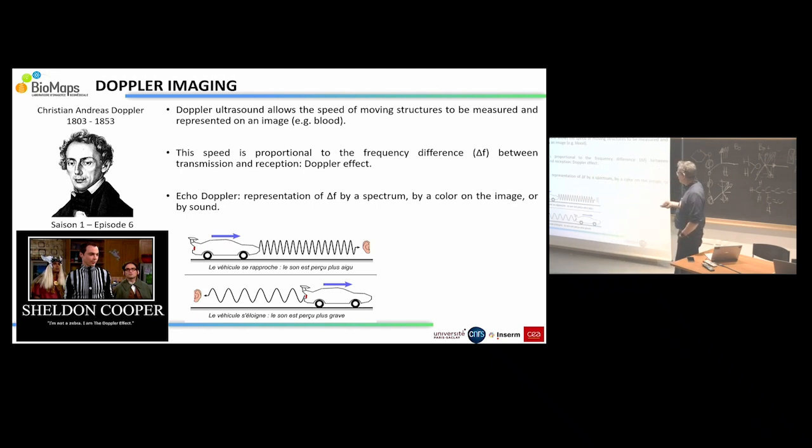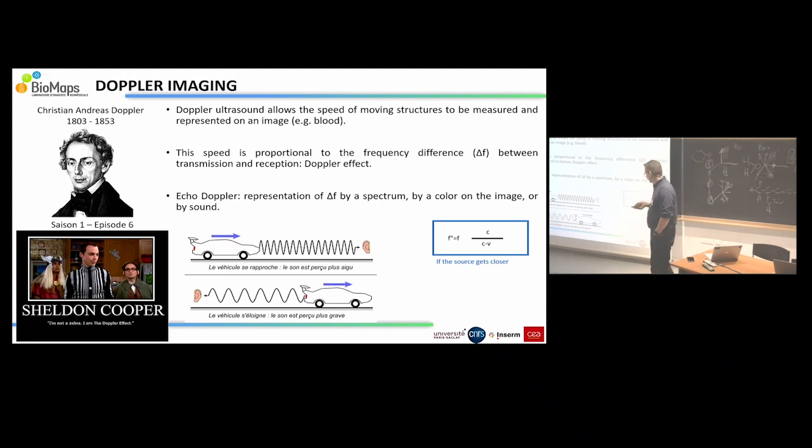And when the car goes away, you will hear a lower sound because the frequency decreases with time. So here, when you do some small calculation, you can see that the frequency you will perceive at your ear depends on the frequency of the source that emits the sound, times the ratio of the celerity of the sound and the speed of the car.